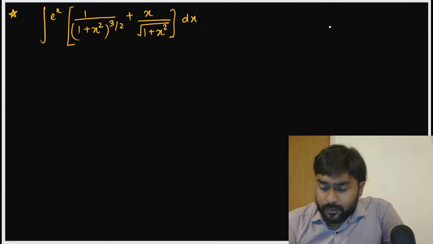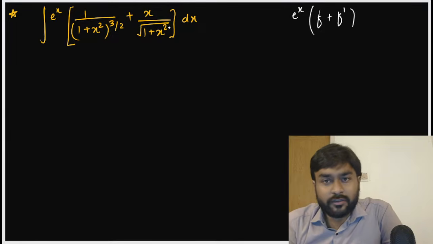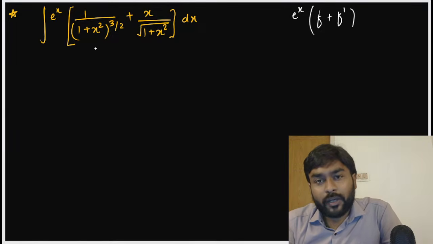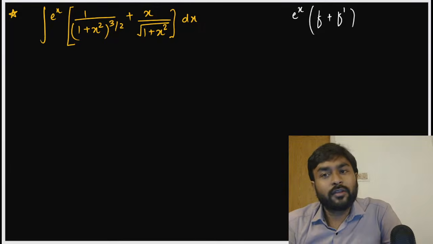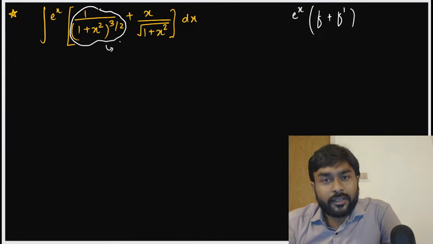So in this question, we can see the format e power x (f x plus f dash x). This format we can see easily. We only have to find out which one is f and which one is f dash x. If I say this one is f, then the differentiation of this should come like this, correct?